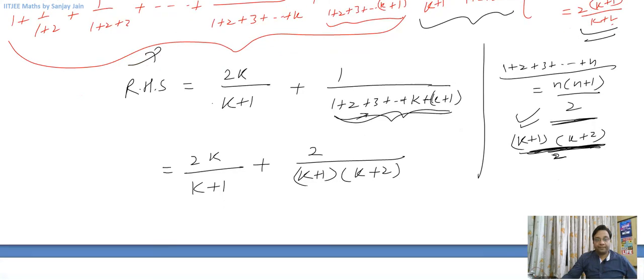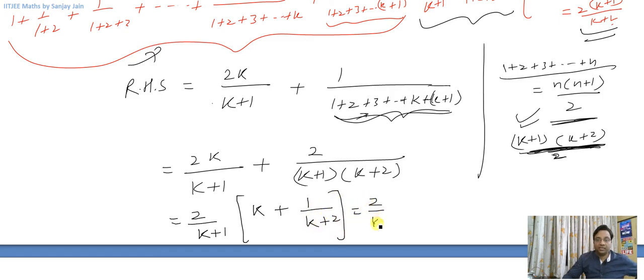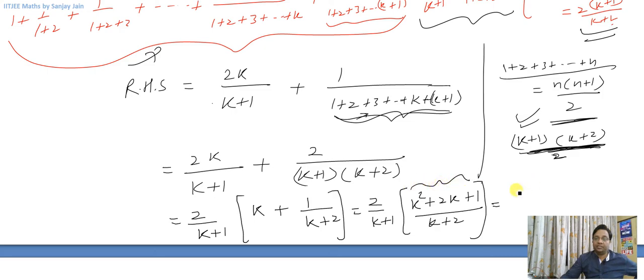Now if you see, I can take 2 upon k plus 1 outside, right? And from the first term I'll have k, from the second term I'll have 1 upon k plus 2. So further I can write it as 2 upon k plus 1, and this is k squared plus 2k plus 1 divided by k plus 2. And this numerator, this term is k plus 1 whole squared. So I can write it as 2 into k plus 1 whole squared divided by k plus 1 into k plus 2.